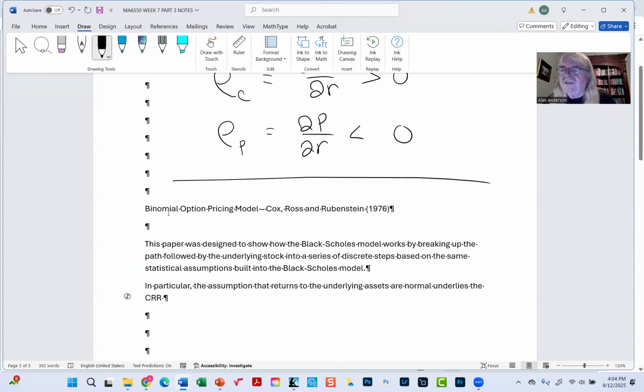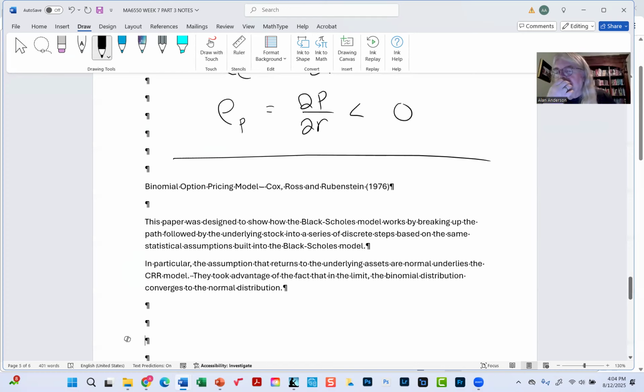We're going to call it CRR from now on. So what they did is they took advantage of the fact that in the limit, the binomial distribution converges to the normal distribution.